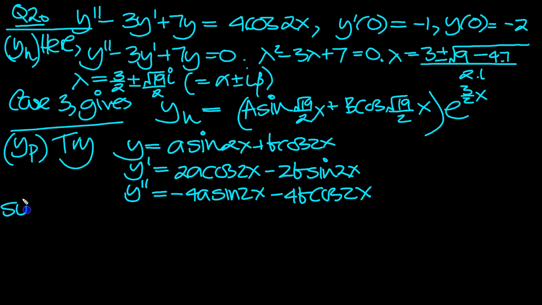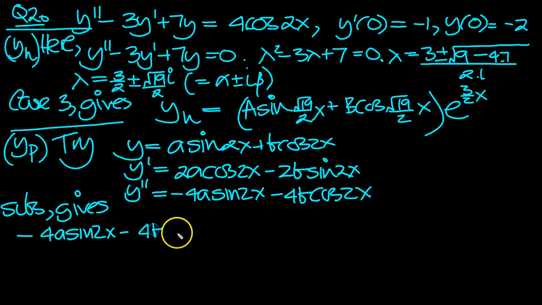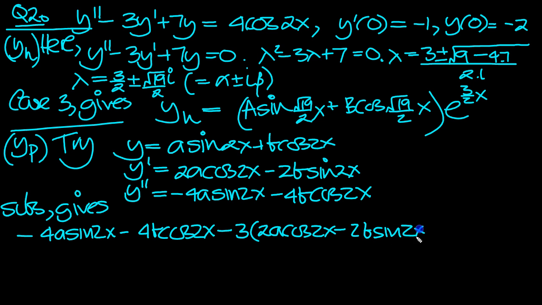So substitution then gives. So what have we got then? We've got y double dashed, which is this thing here. So minus 4a sine 2x minus 4b cosine 2x minus 3y dashed. Y dashed is 2a cosine 2x minus 2b sine 2x.